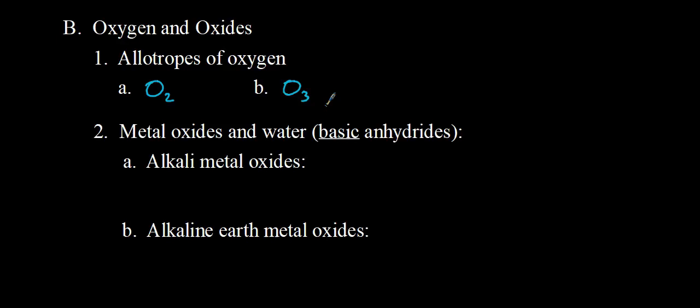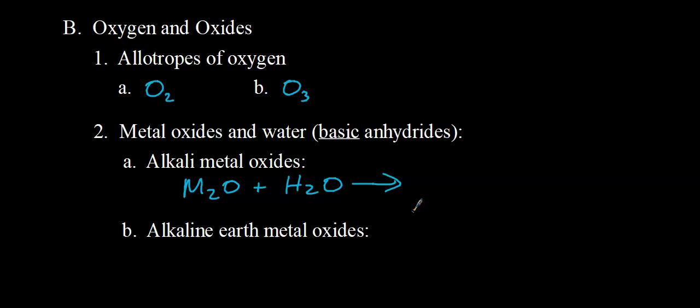All right, review from last unit. Metal oxides react with water. Again, a metal oxide is known as a basic oxide or basic anhydride. The alkali metal oxides will react with water in an equation like this. So instead of specific examples like lithium oxide or sodium oxide or potassium oxide, I'm just going to write M for the metal.